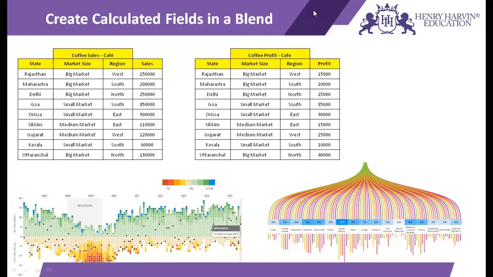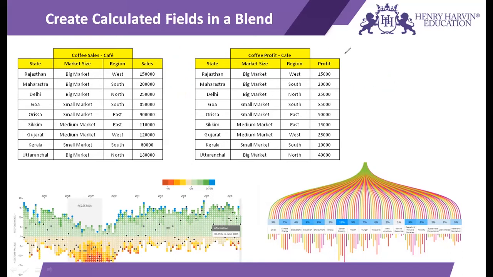So straight away, using data blending, first of all, I'll bring both these data sources together, and then using a calculated field, I'll calculate the cost. So cost will be basically the difference between the sales and the profit. This is my cost.